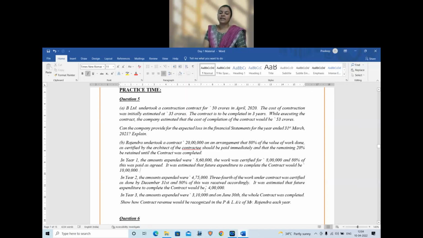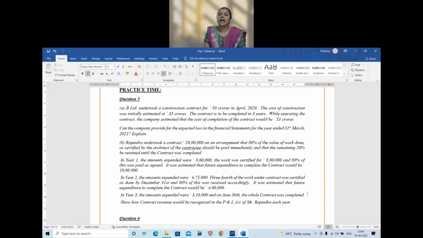It was estimated that the future expenditure will be further 4 lakhs. In year 3, amount spent was 3,10,000. On 30th June, the whole contract was completed. Show how the contract revenue will be recognized in P&L for the 3 years.